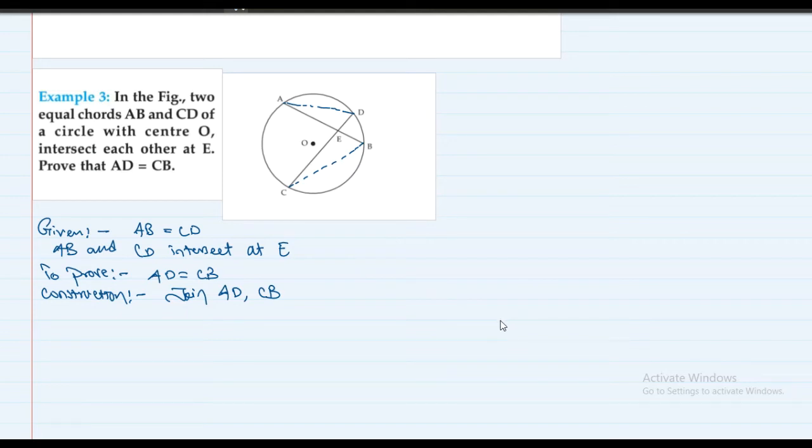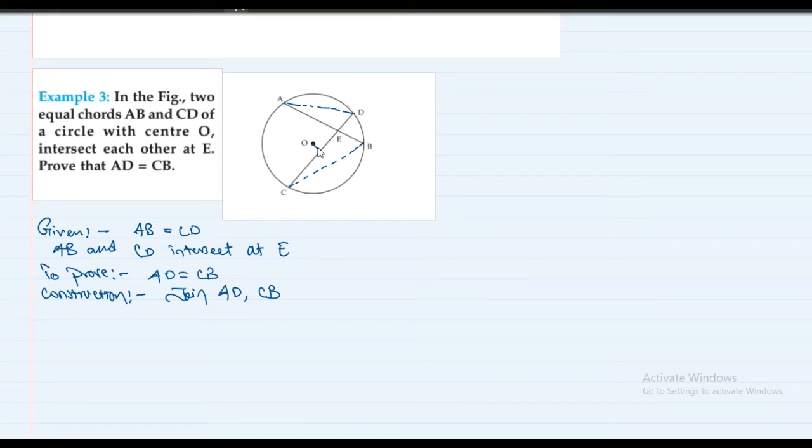We just know AB is equal to CD. But that's not even part of the triangles which we are thinking of proving congruent. So I think we have to do a construction on both the chords.